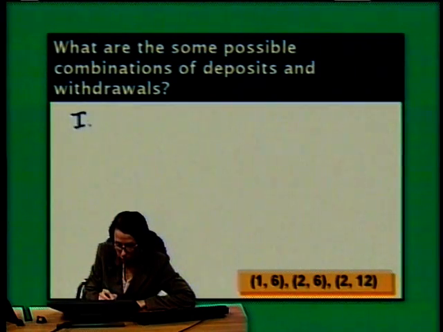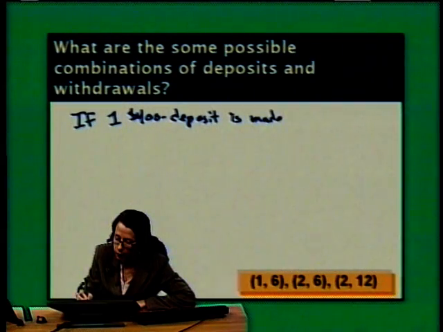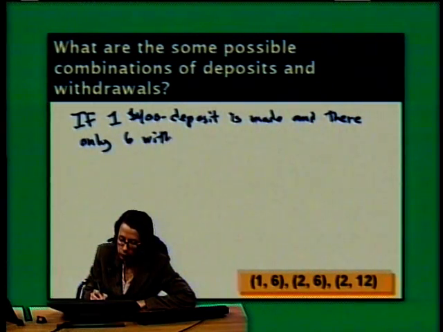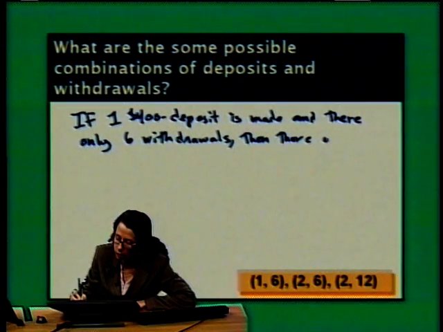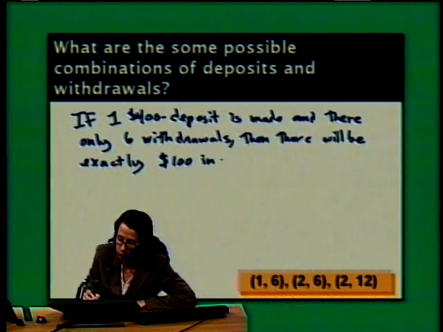So if one $400 deposit is made and there are only 6 withdrawals, then there will be exactly $100 in the account.